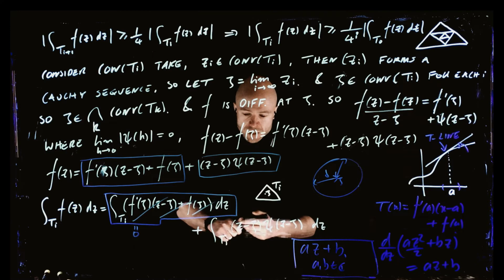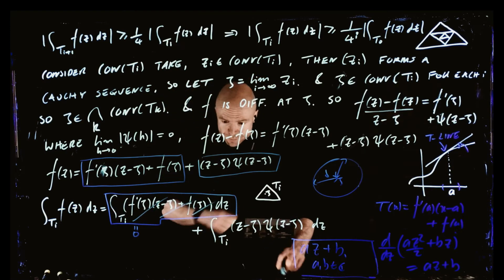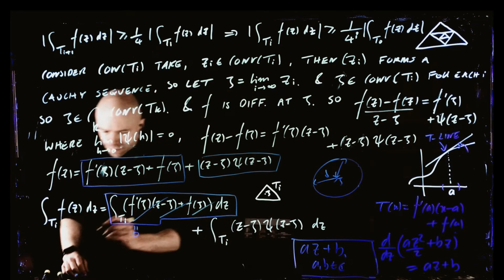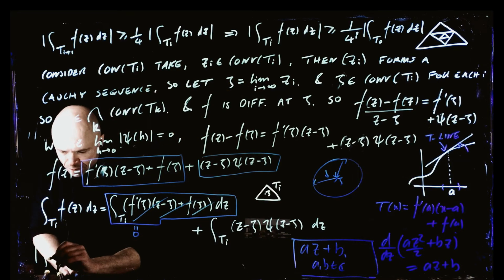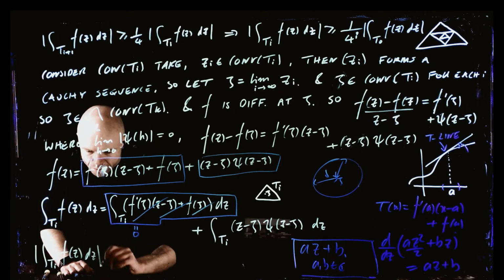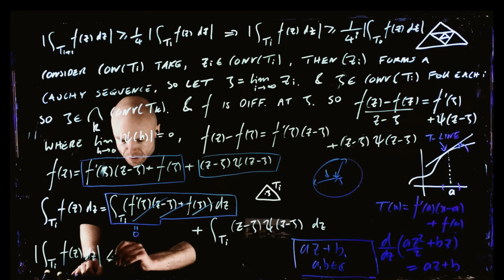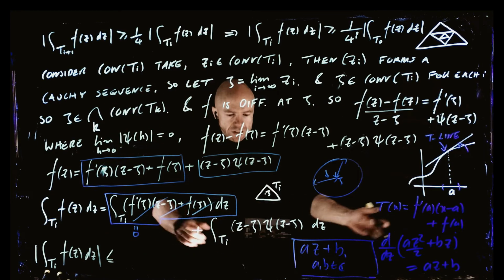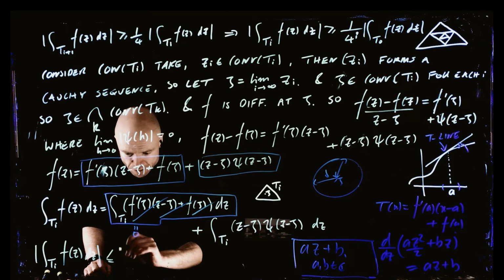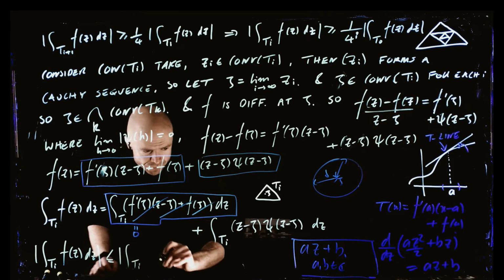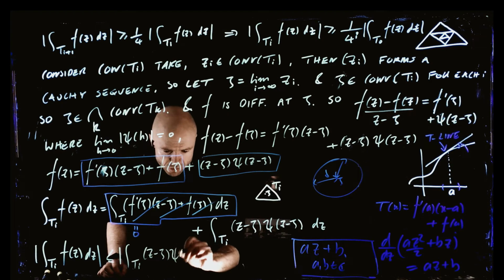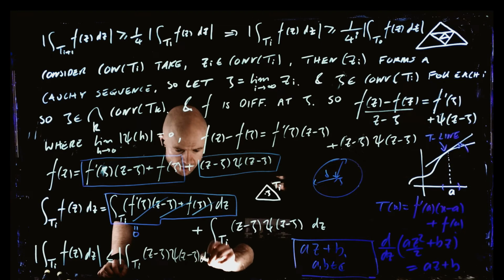Cool. And now let's try and estimate it in our minimal amount of space. So the absolute value of the integral over T_i of f(z) is less than or equal to just the absolute value of this thing. We're going to put the absolute values through this guy. Well, actually, let's not do that yet. Let's take the absolute value like this: the integral of (z minus zeta) phi(z minus zeta) dz.